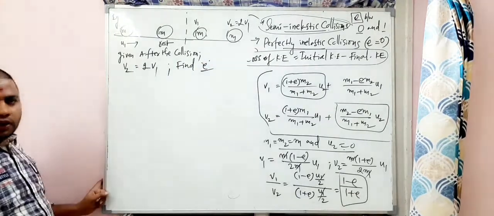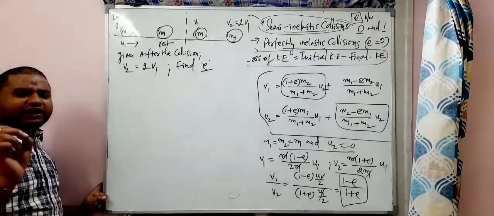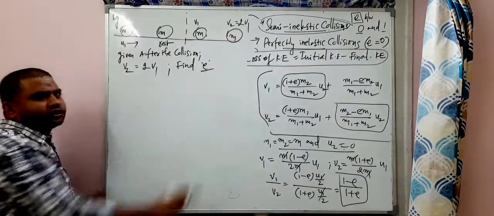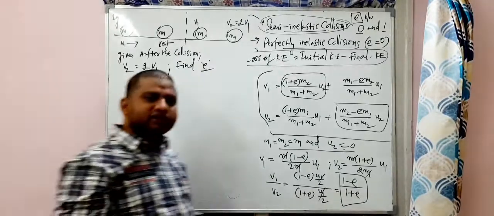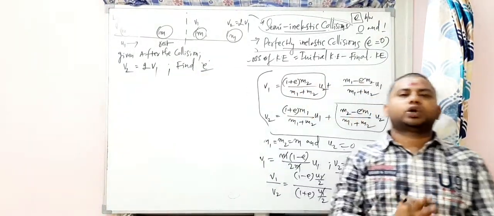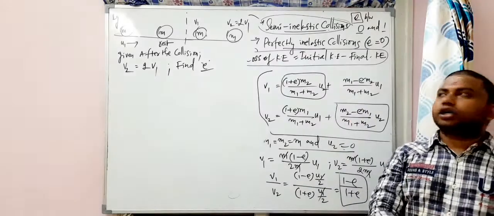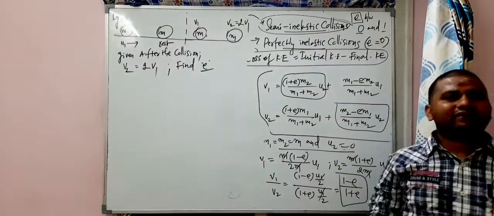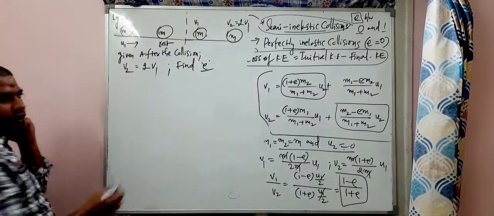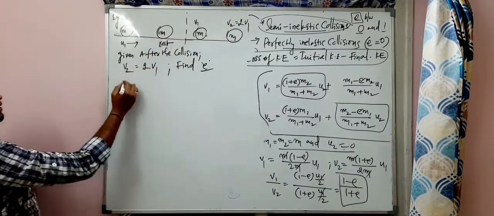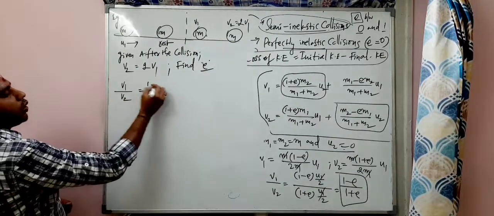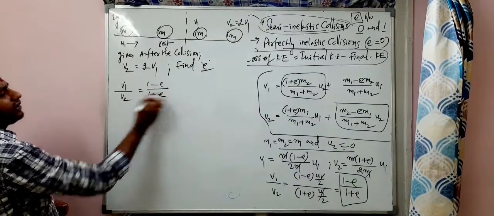In this case, immediately you should understand, see, they are talking about the coefficient of restitution. If the coefficient of restitution is not known, what kind of collision are they talking about? They are talking about the semi-inelastic collision, my dear students. And in this case, we must remember v1 by v2 is equal to 1 minus e by 1 plus e.